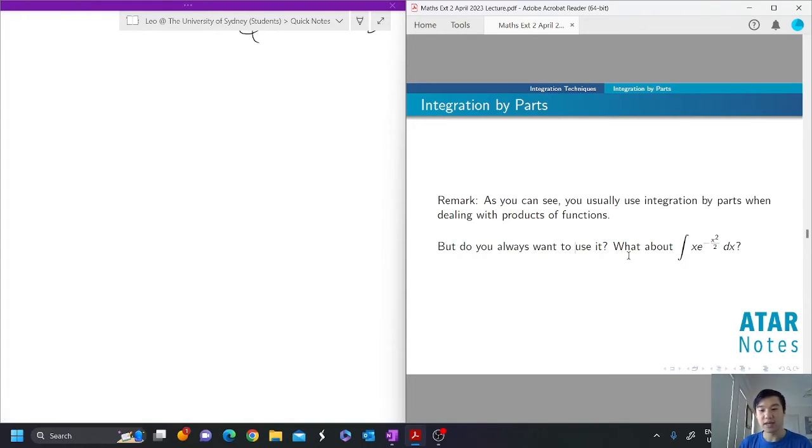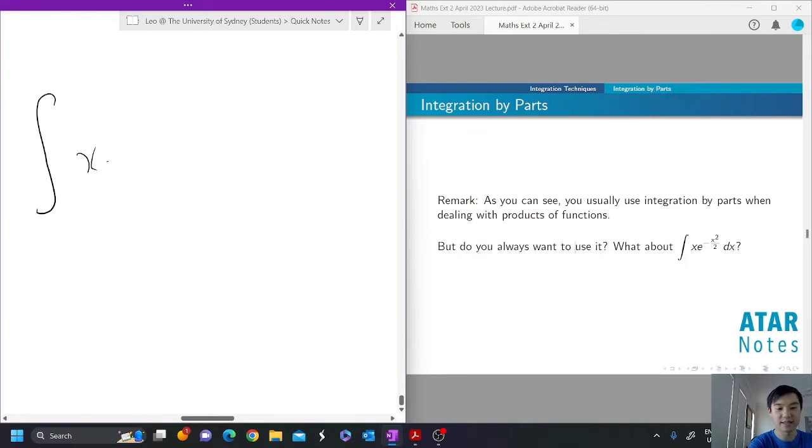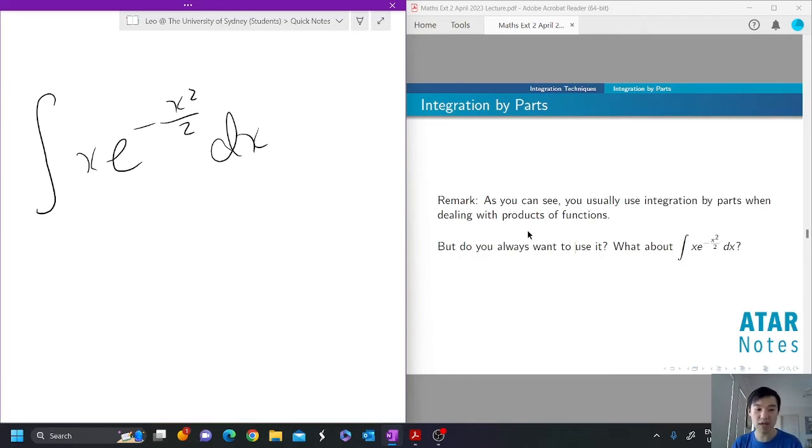So, for example, if you had an integral like this, x e to the power of negative x squared over 2, would you want to use integration by parts? I mean, yes, this is the product of two functions, but notice how here there's a function, the derivative of that function is actually going to be negative x.